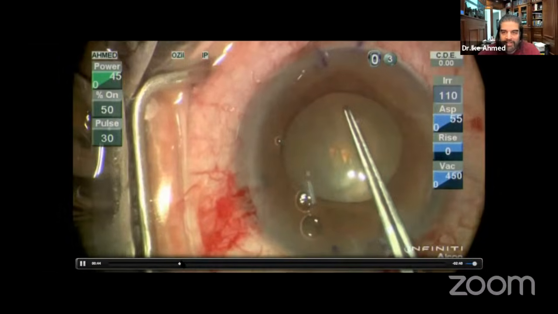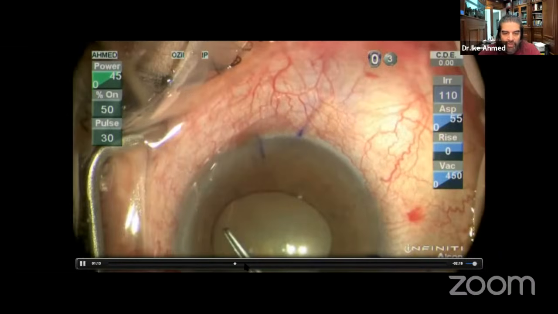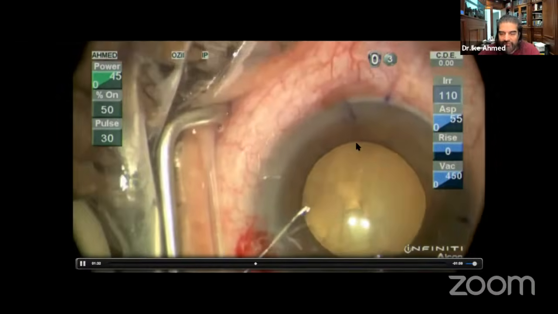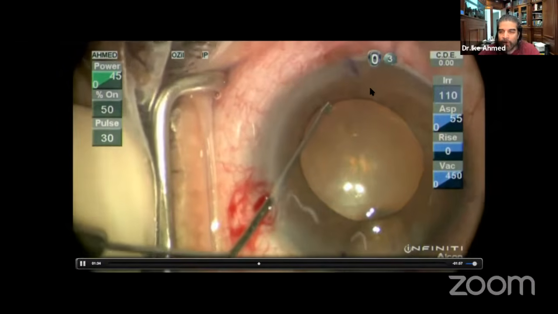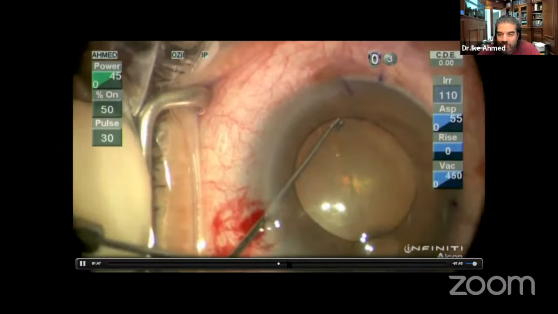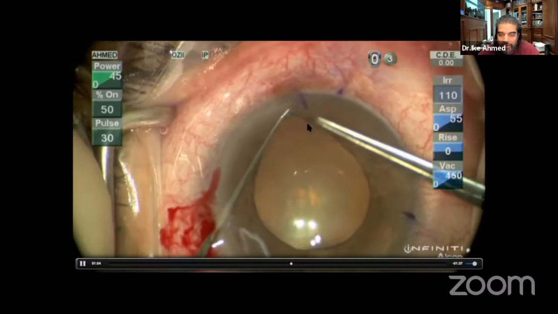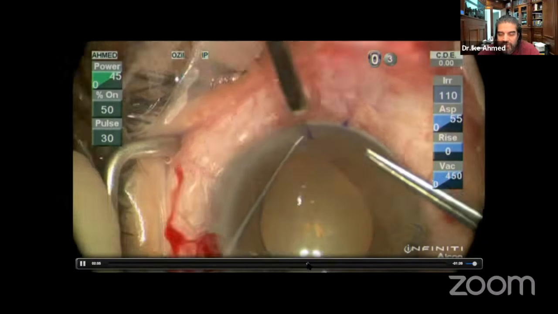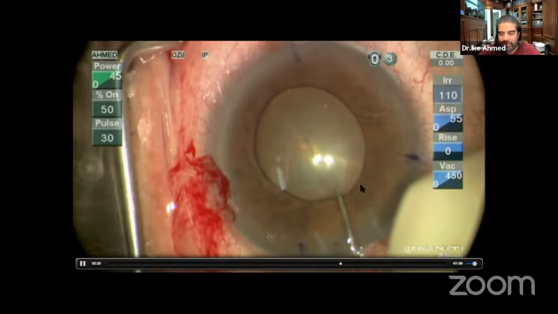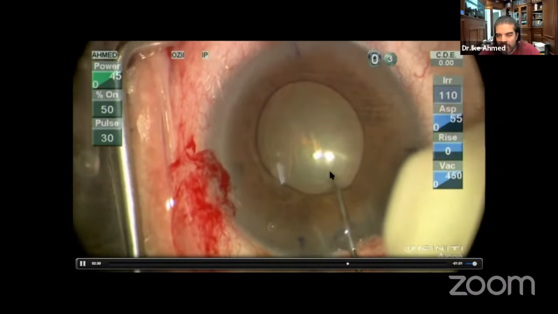In this example here, the rexis is running out and has run out too far. We're just showing the rexis has started. It's run out really far in the periphery there. Really, you cannot see it anymore. And it was felt that we could not redirect it. It's way out past the pupil margin. It's running out probably to the equator here. In these cases, we can restart the rexis from the initiation site by making a little cut in the capsule where the rexis was initiated, again with a 27 gauge needle in this case, to create a little flap.